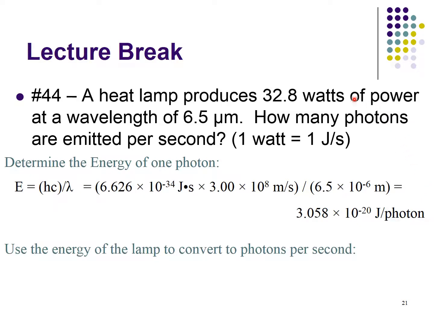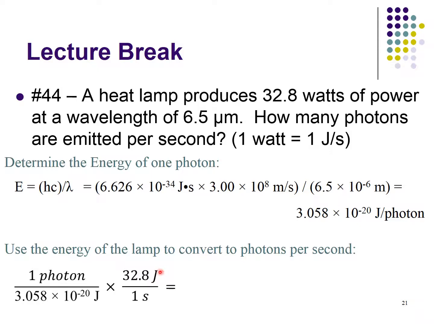Then we can use the energy of the lamp to convert how many photons per second we get. So we're starting with the number we just figured out. There's one photon for every 3.05 times 10 to the negative 20th joules. This number was given. 32.8 watts of power is the same thing as 32.8 joules per second. We're given that conversion factor in the problem.